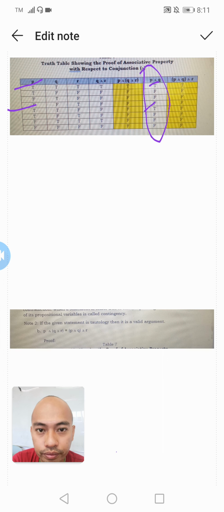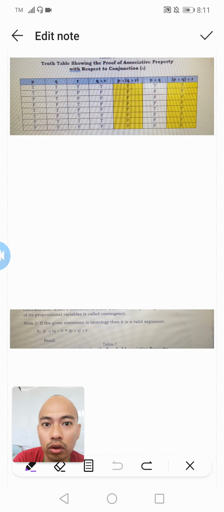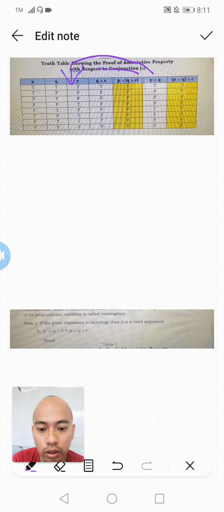Okay. Now we have already got the truth values of our P and Q. We are now ready to connect it with your R. So P and Q papunta kay R statement with respect to conjunction. So still the same rule.